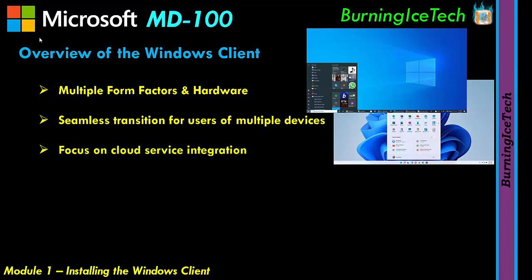And then we also have focus on cloud service integration. Windows 10 was actually designed to integrate with the cloud because that was pretty much when the cloud started booming. Everybody started using the cloud, and Microsoft basically released an operating system that allows you to tap into that benefit.